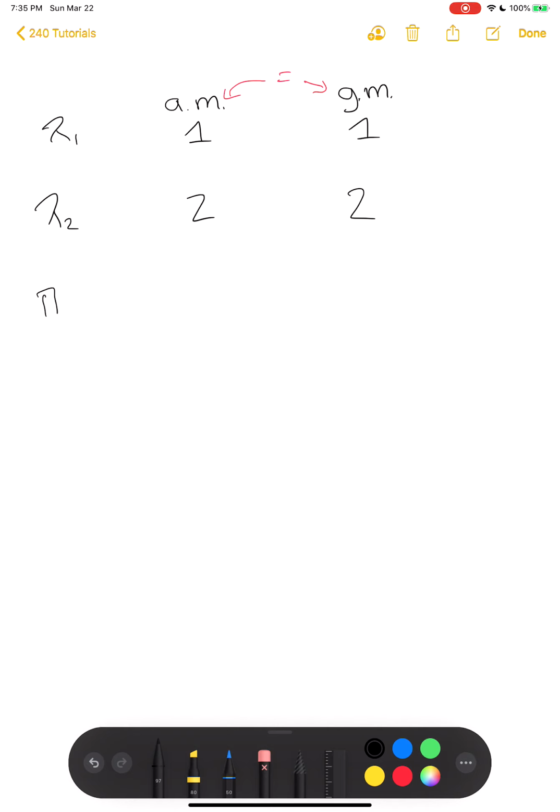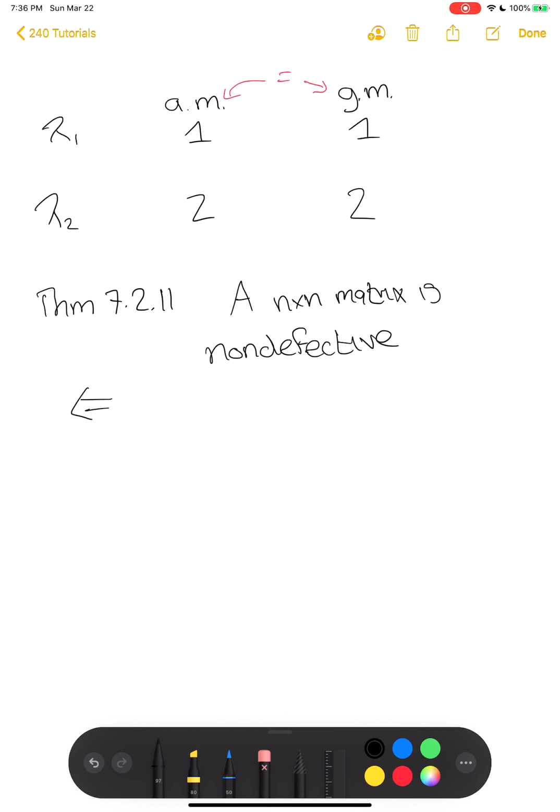It's theorem 7.2.11, and it says that an n by n matrix is non-defective if and only if the geometric multiplicity matches the algebraic multiplicity for each eigenvalue.